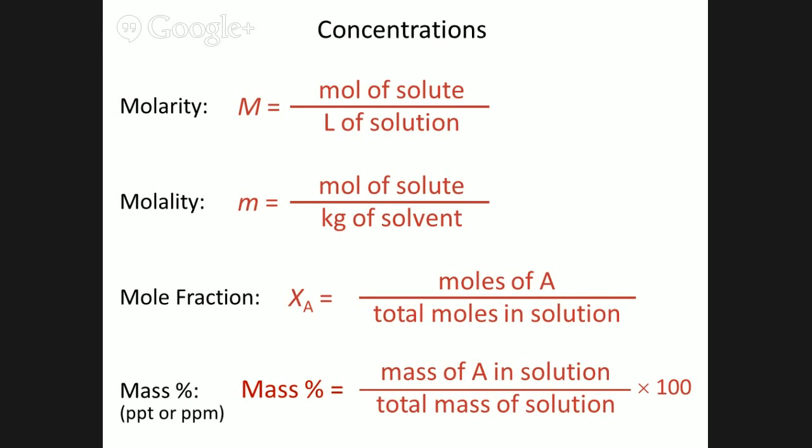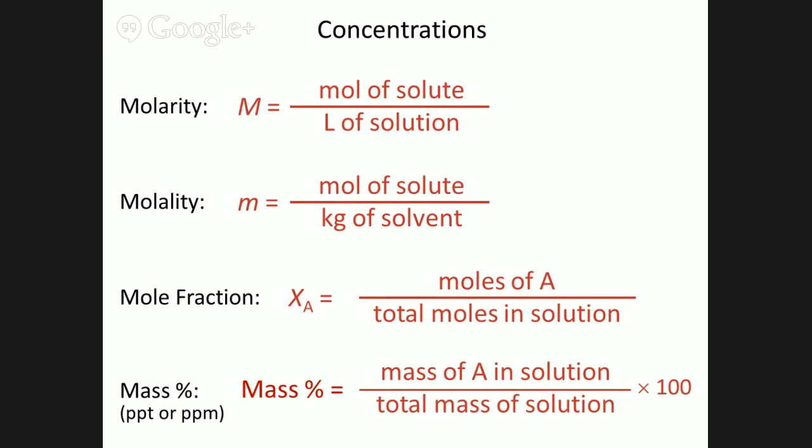even parts per million, in which we may have the solute, not very much of it has been dissolved in the total solution. Parts per thousand might only be a few parts in, say, 1,000 milliliters that's been dissolved.